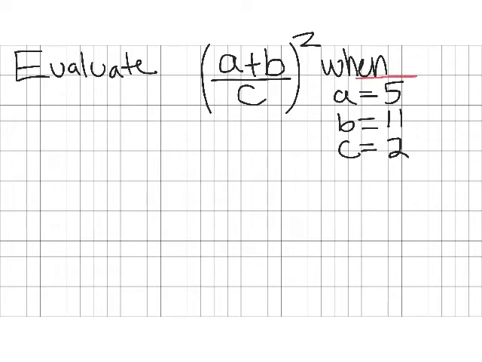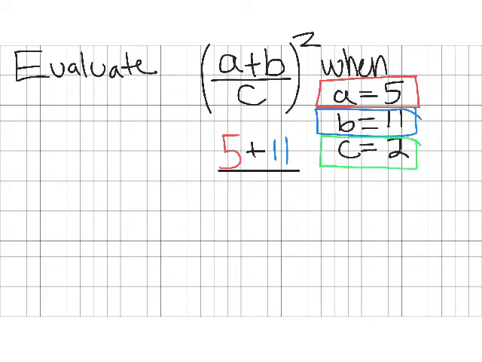All right, so I see that a equals 5. So I'm going to do 5, and then there's a plus sign. And then I see that b equals 11. So I'll put 11 here. And then it's divided by c, and c equals 2.